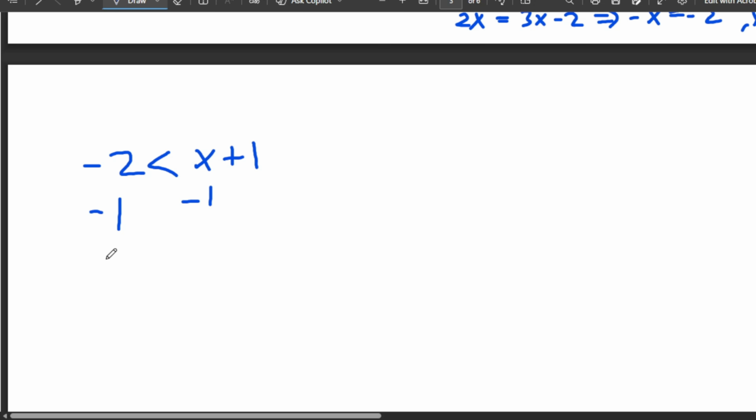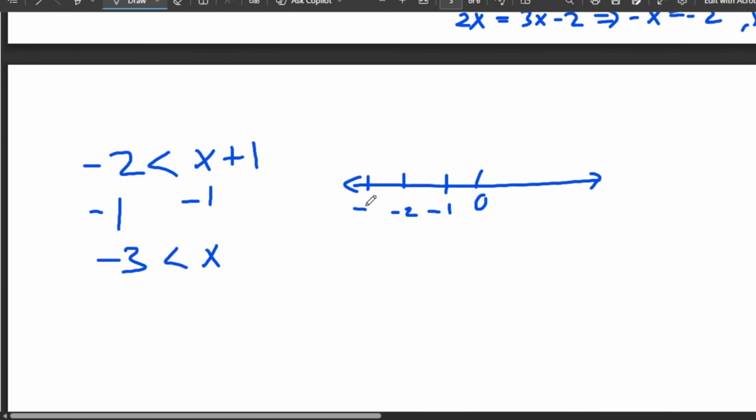Negative 1, negative 1, negative 3 is less than x. Okay? So negative 3 is less than x. What does this mean? If we plot it on the number line with 0 at the middle, we have 1, negative 1, negative 2, and negative 3.